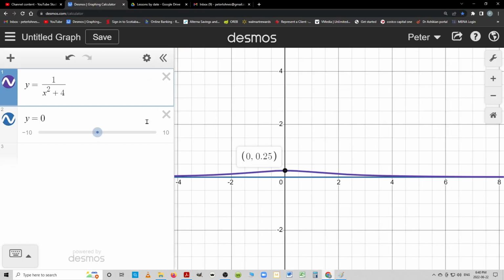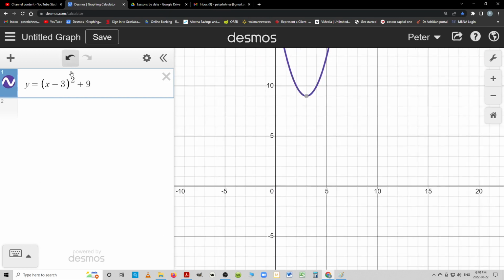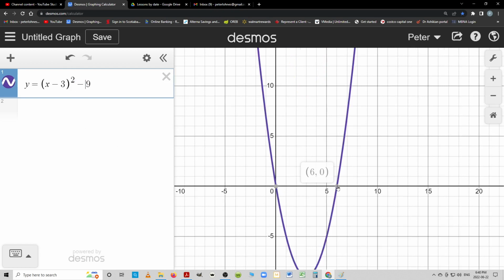Now, what happens if you don't put the plus or minus? Okay, I'll show you. Here's the thing we were just talking about. It is x minus 3 squared, minus 9, right? It was also known as this. Notice the points.